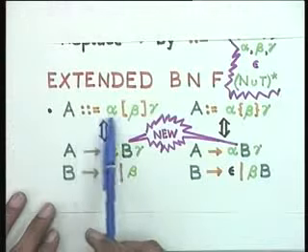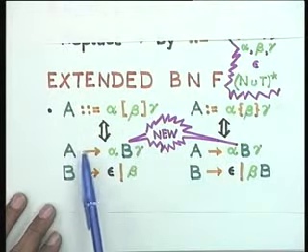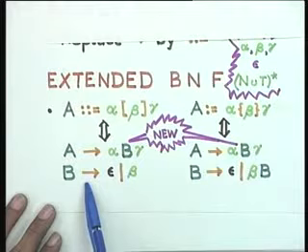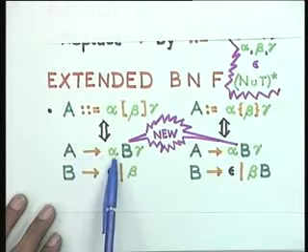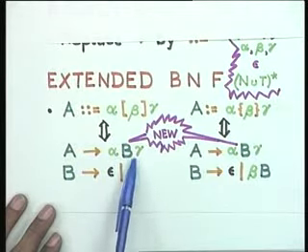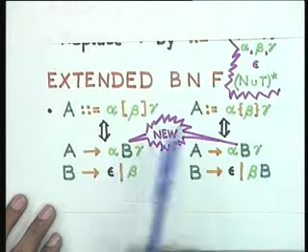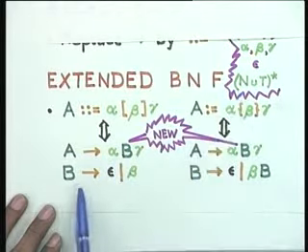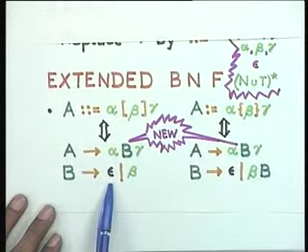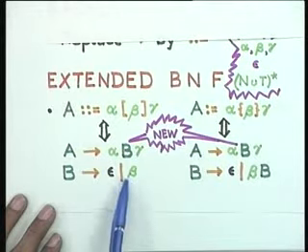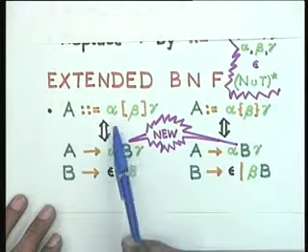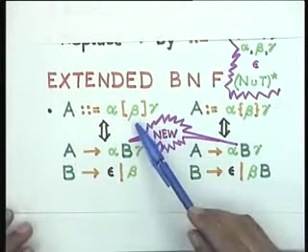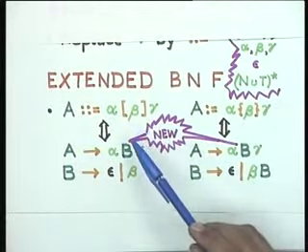So this would be equivalent to the two productions, A goes to alpha B gamma, where B is a new non-terminal symbol which is not already there in your set of non-terminals, and B either goes to epsilon or to beta. This notation, the extended Backus-Naur form notation, is something that you will see quite often.